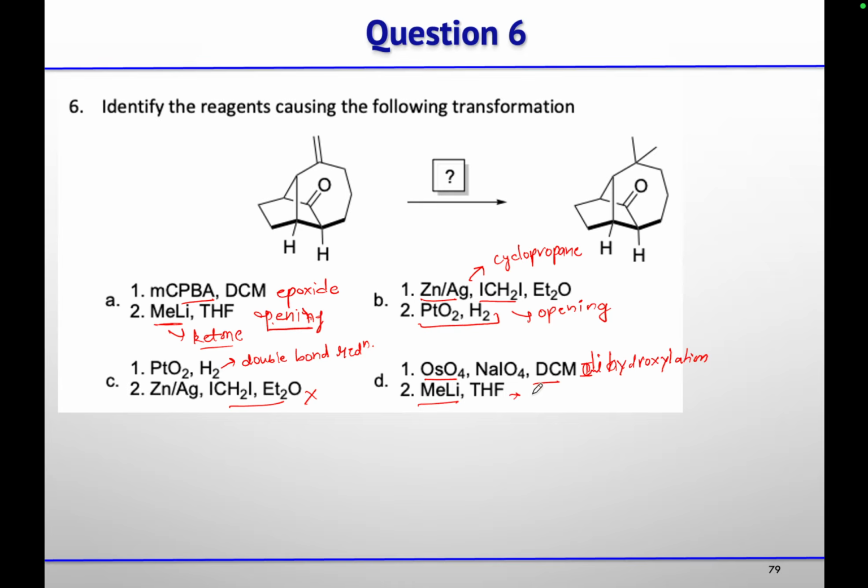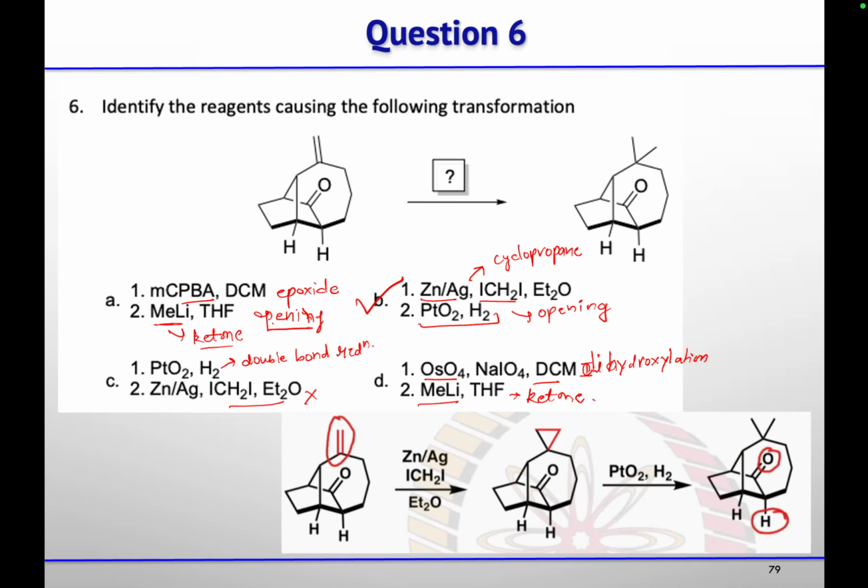Then methyl lithium will react with the ketone, it will not react with the diol. So the correct option is the second option. So first the Simmons-Smith reaction will give you the cyclopropane ring, and then using Adams catalyst they cleaved and hydrogenated that to get the corresponding dimethyl product.